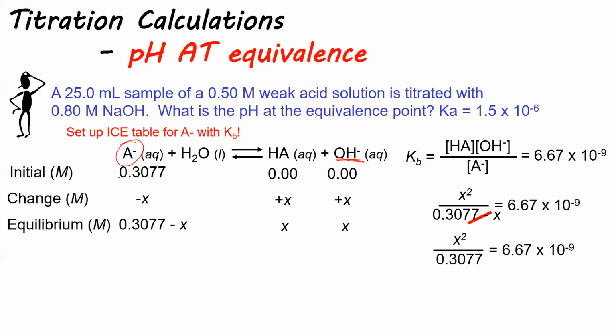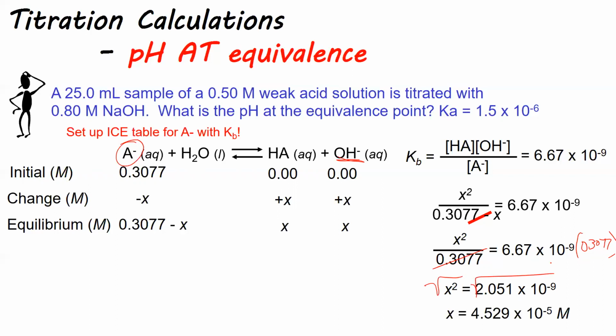and end up with x squared over 0.3077 equals the KB. So I'm going to multiply both sides by 0.3077. I get x squared equals 2.051 times 10 to the negative 9. I take the square root of both sides, and I get x equals 4.529 times 10 to the negative 5.